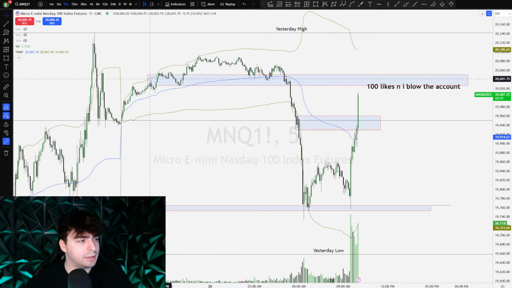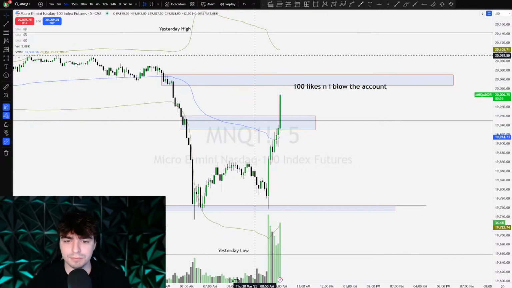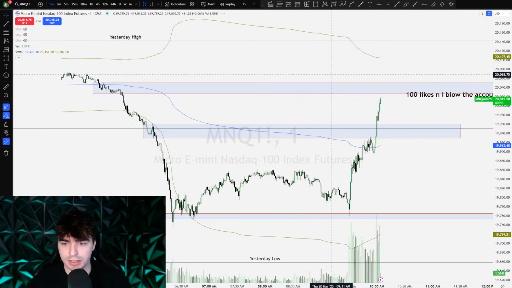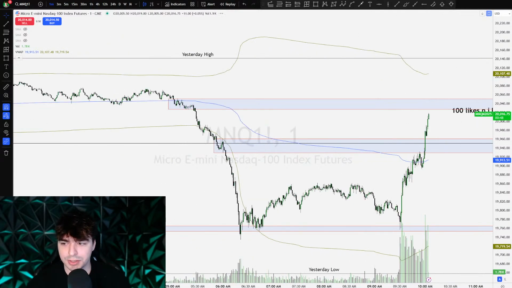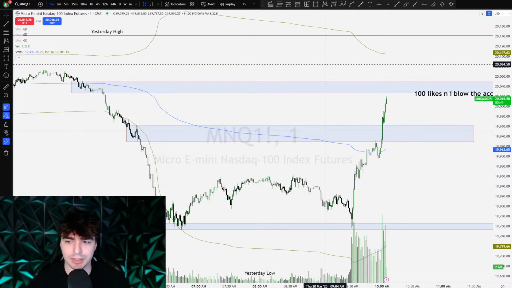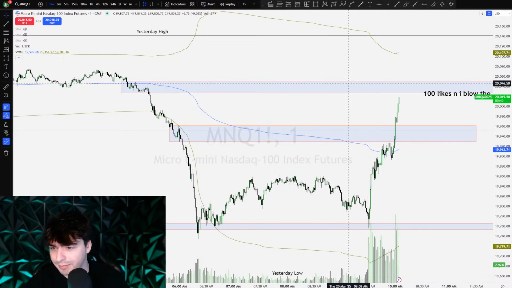A little bit of a supply area here. That's probably where we're headed next. That could be interesting, but we're still not going to be at the second standard deviation. So it wouldn't be considered an A+ setup.